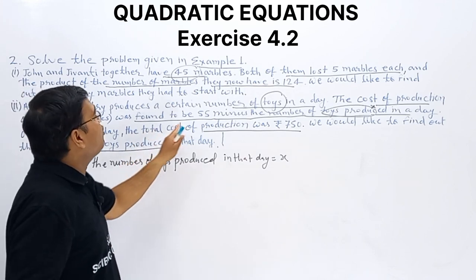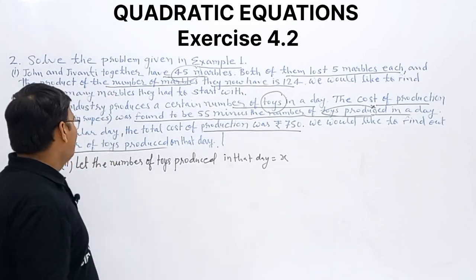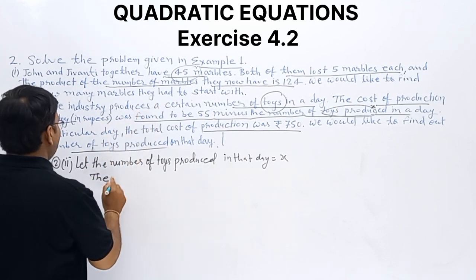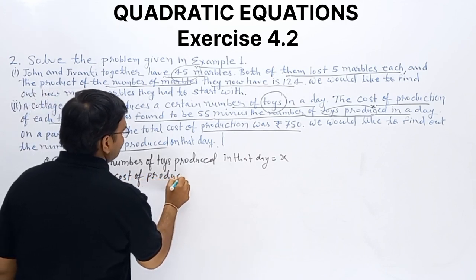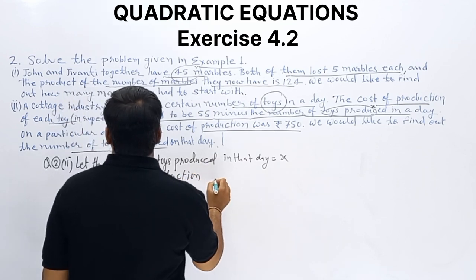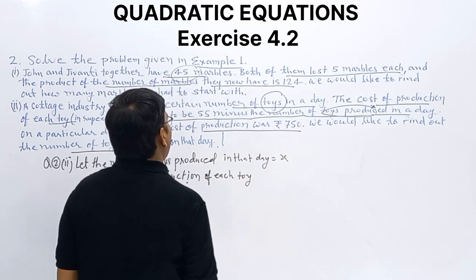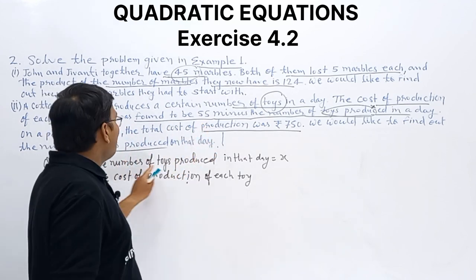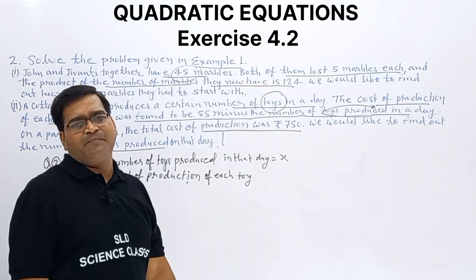Clear? And the total cost of production is this one. So, as per the question, the cost of production of each toy at that day, the number of toys produced in that day, they are total toys.